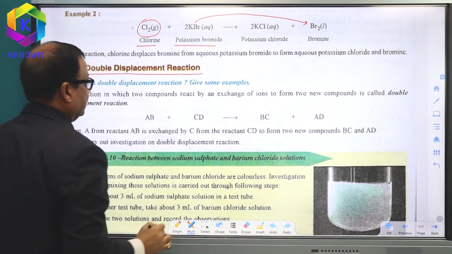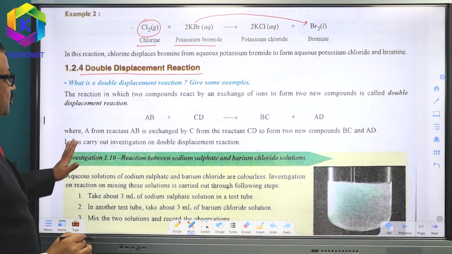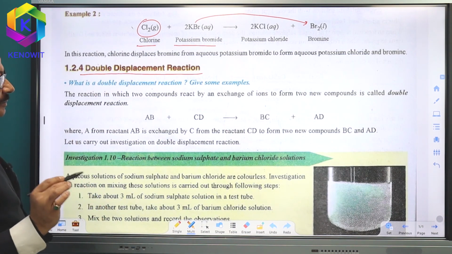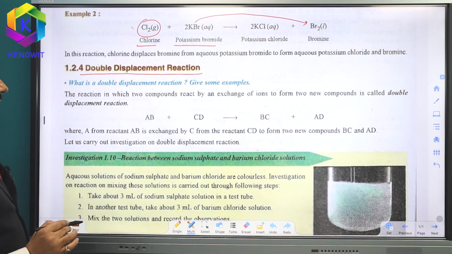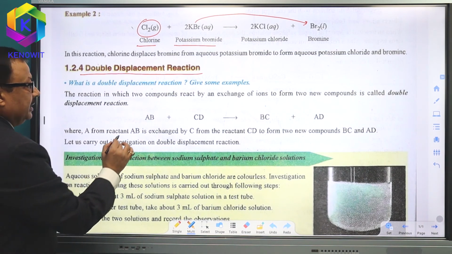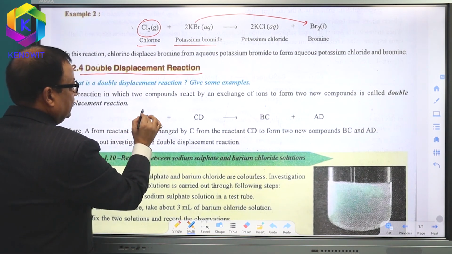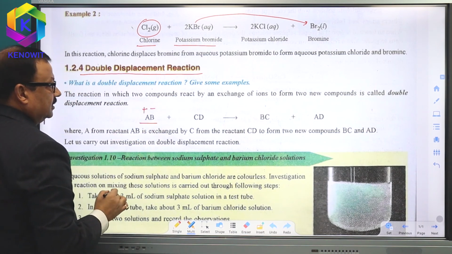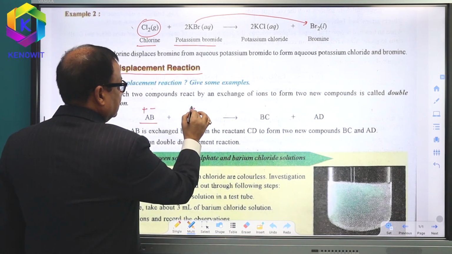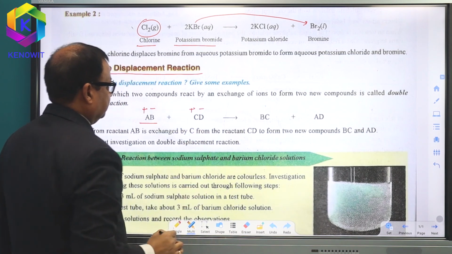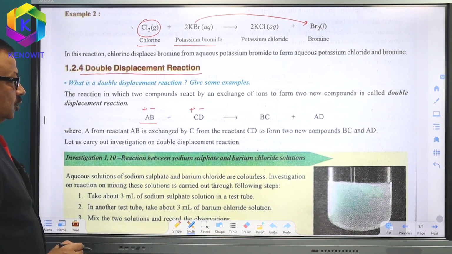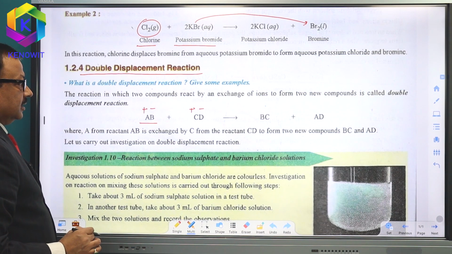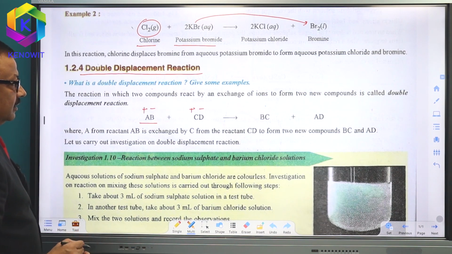Double displacement reaction, I am going to explain by taking a very simple example, not a chemical formula. AB: in AB, A is a cation and B is an anion. In CD, C is a cation and D is an anion.